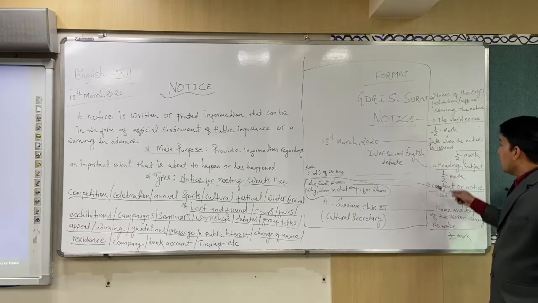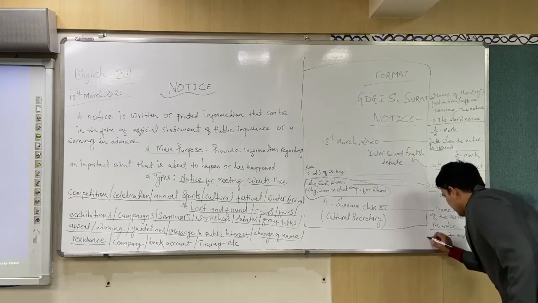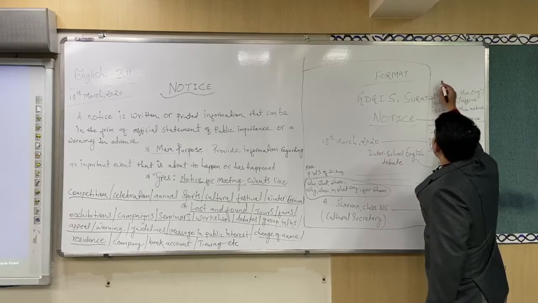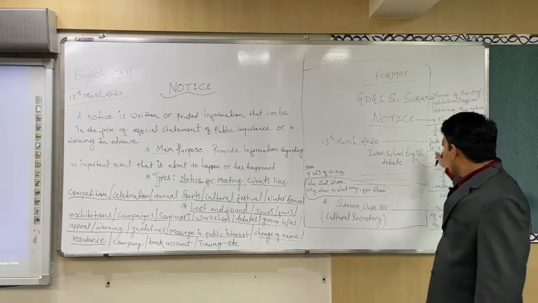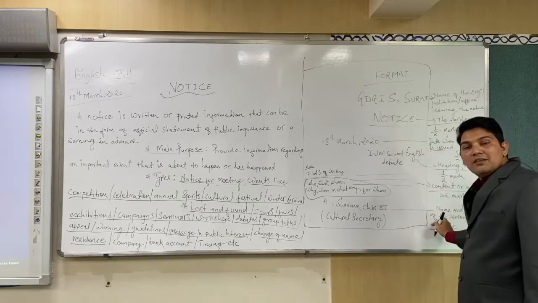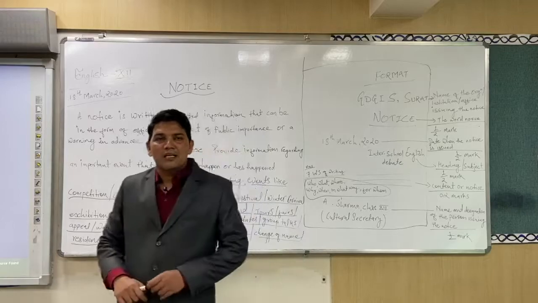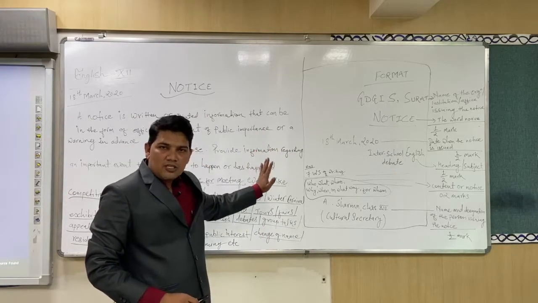This way, you will obtain 4 marks for notice writing. 4 marks. Okay, so this way you will obtain complete 4 marks. So I hope that you have understood notice writing, short composition.